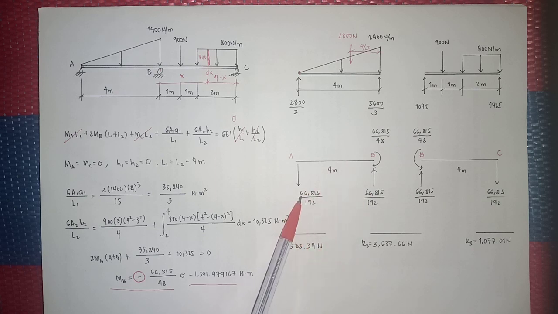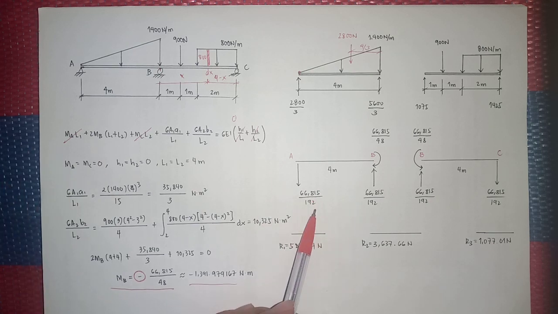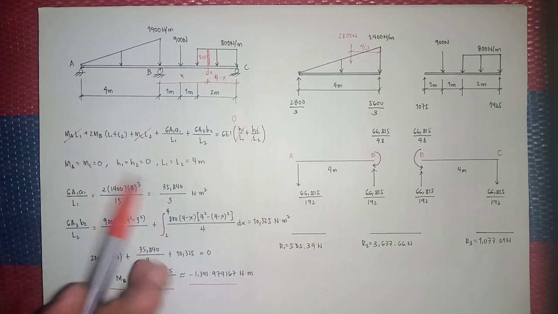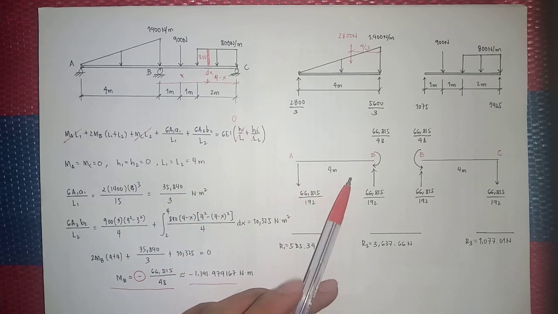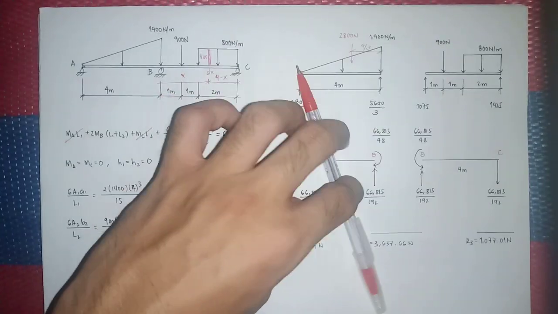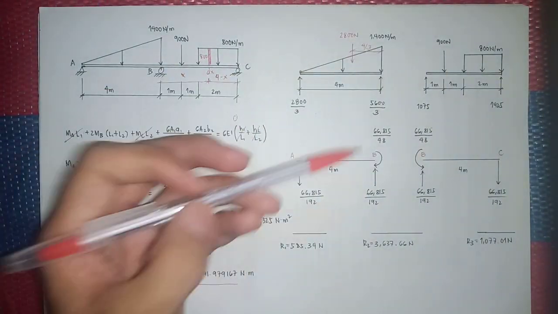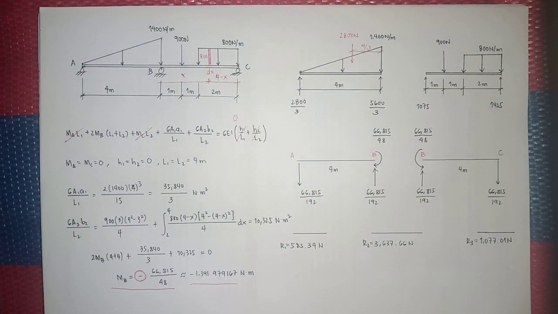So, makukuha natin to 66,815 over 192. Nilagay ko siya as fraction, para mas accurate yung makukuha natin na sagot, no? So, kaya pababa to at pataas to, that is to ensure that the moment produced by this couple is counterclockwise para makontra nyo yung clockwise dito.